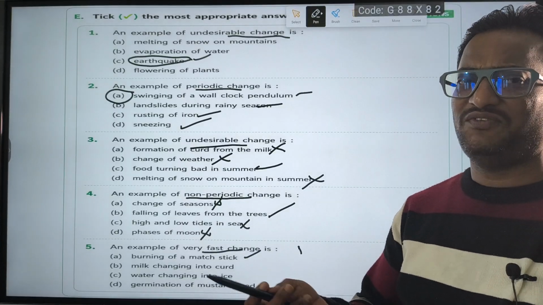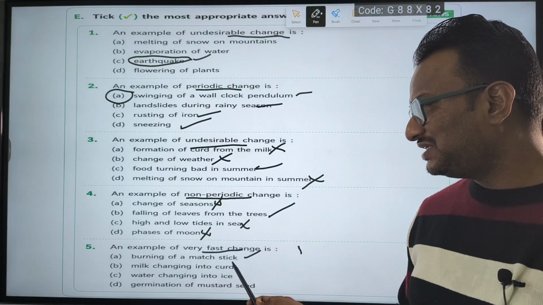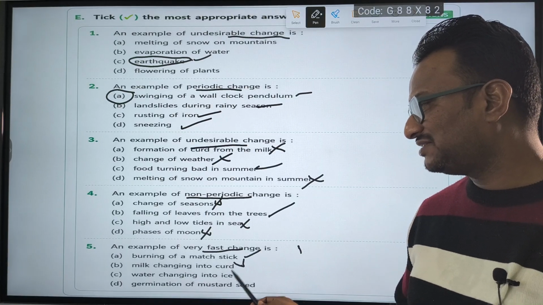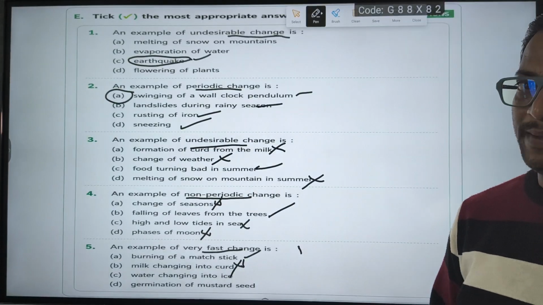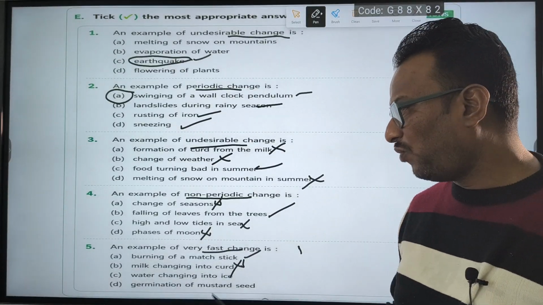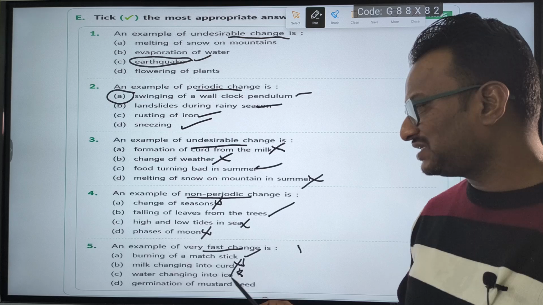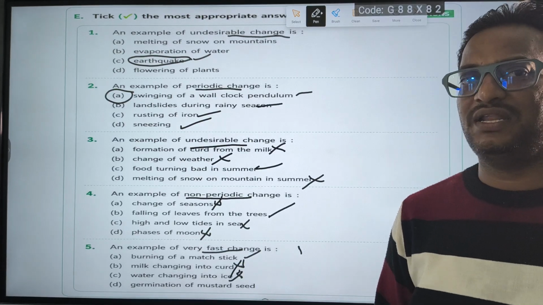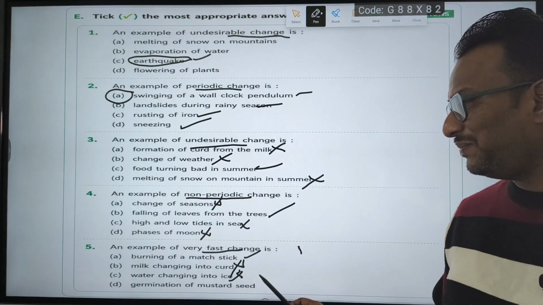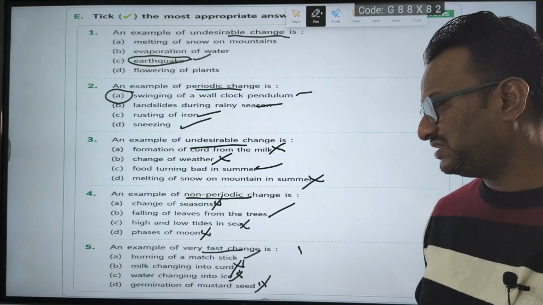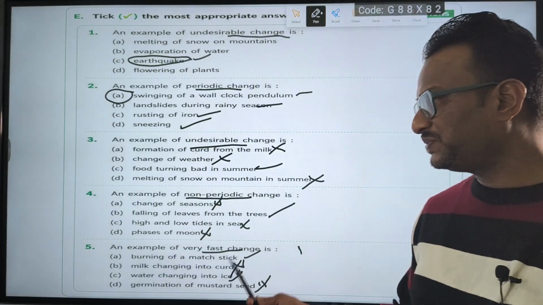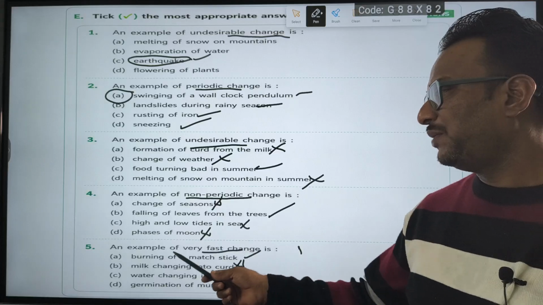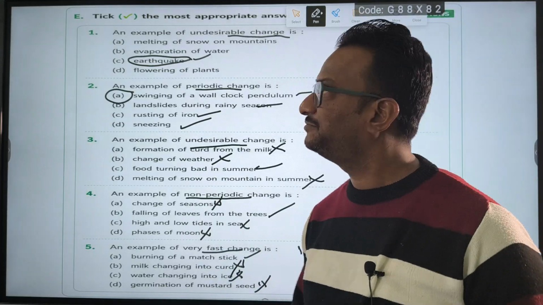Within seconds, it will burn. Milk changing into curd is not a fast change, it takes a few hours. Water changing into ice also takes some time, if you keep it in the refrigerator for hours together. Germination of mustard seed takes a few days. So, the right option is burning of matchstick.